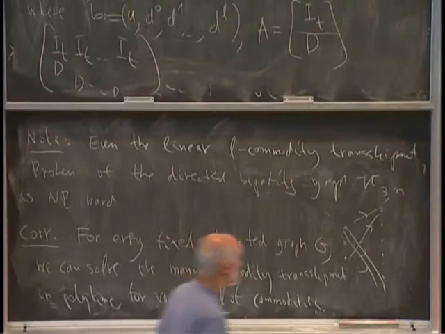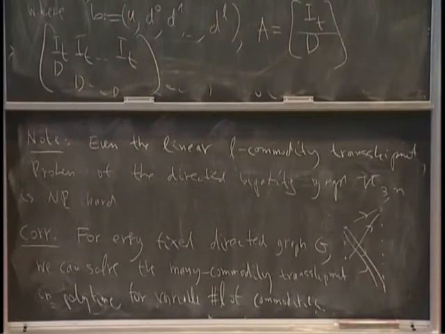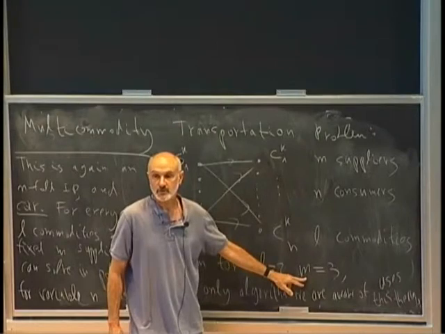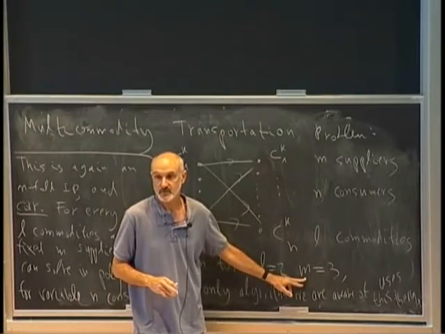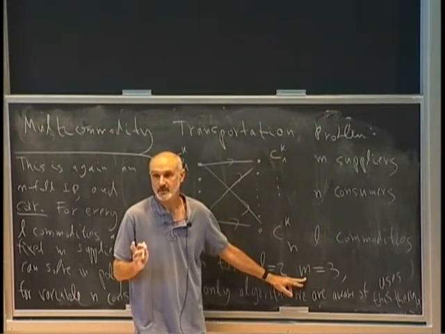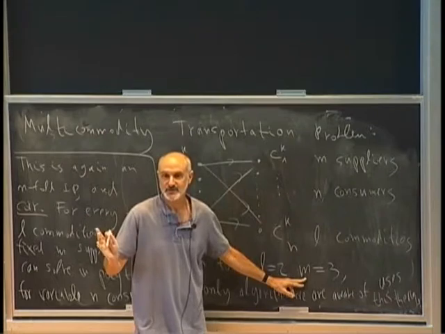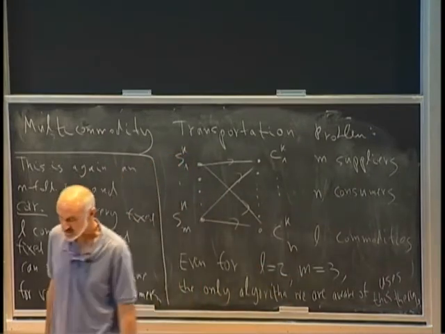If I increase the number of suppliers to 4, with 2 commodities, the complexity is going to be at least n to the 27, maybe more. There's a fixed constant, which is at least 27.